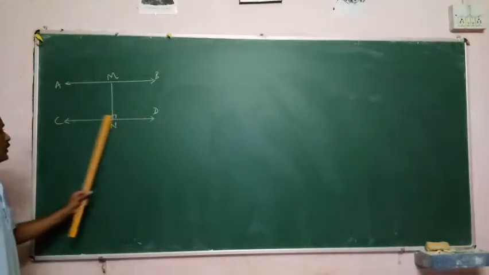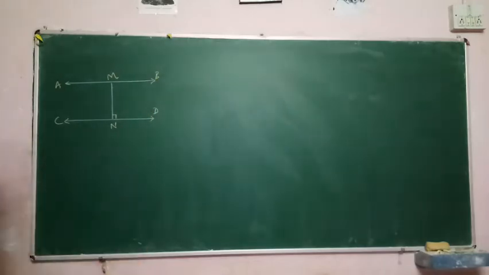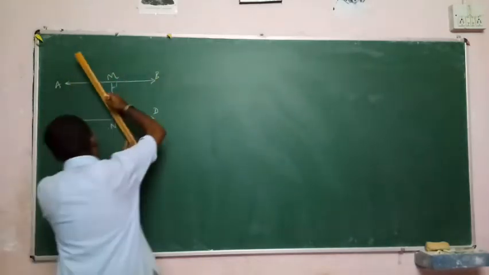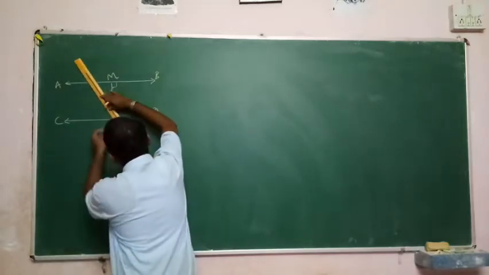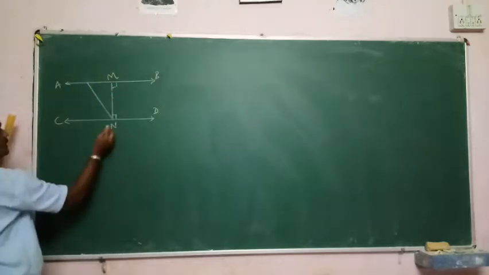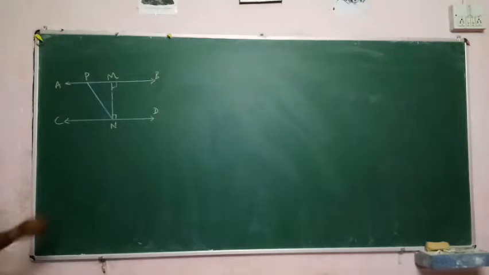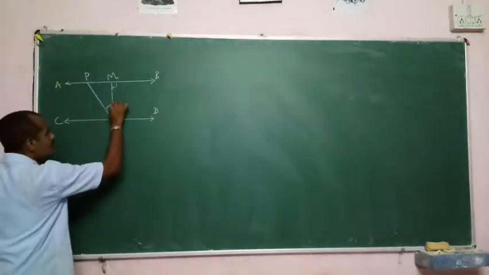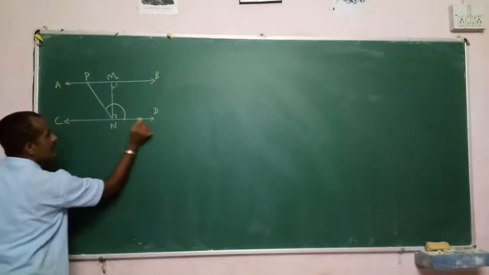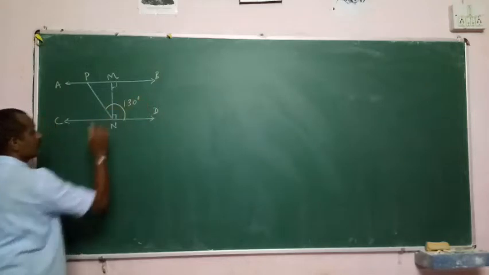MN is perpendicular to CD, or I can say MN is perpendicular to AB. Okay, everywhere it is 90 degrees. Here is another transversal. I will call it NP. What is given? This angle PND is given, 130 degrees.